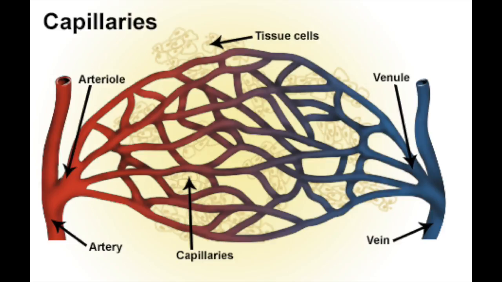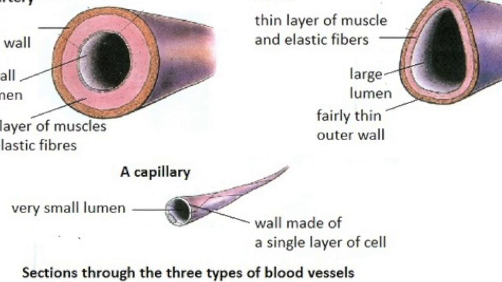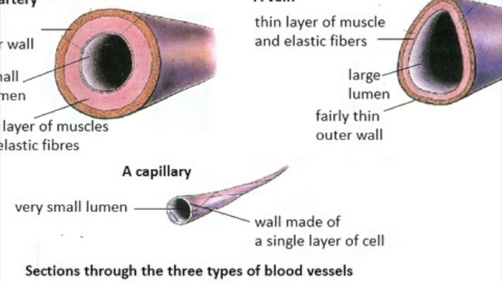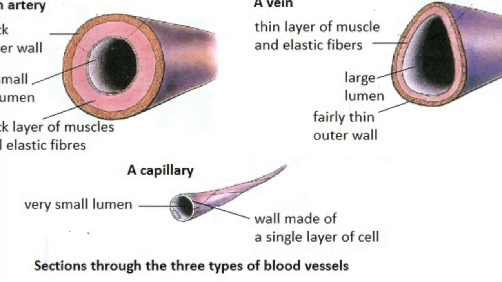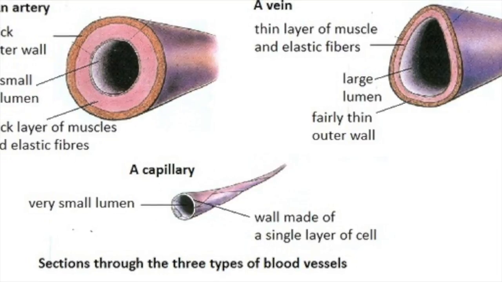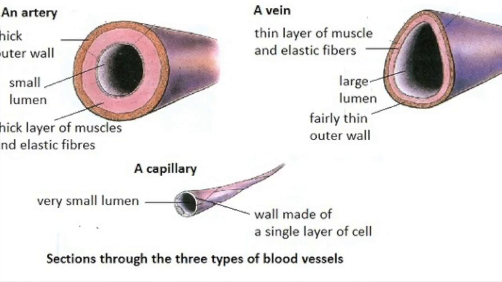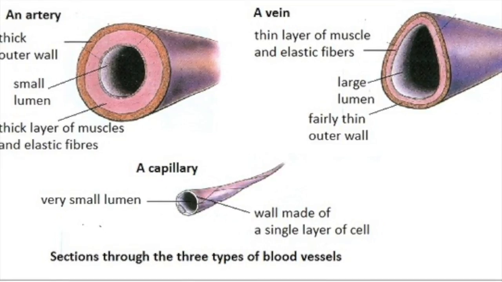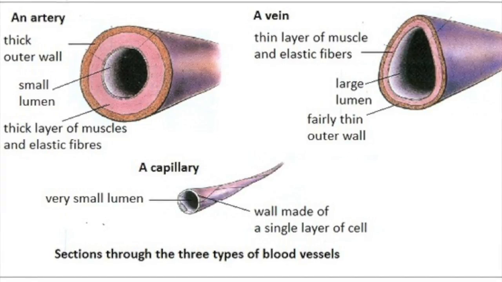A way to remember that arteries are the vessels that go away from the heart: artery starts with A and away starts with A. So arteries go away from the heart, and veins go into the heart. Veins are the ones that carry blood into the heart to become oxygenated by being pumped into the lungs. Oxygenated means that it has oxygen, and deoxygenated blood means it does not contain oxygen.